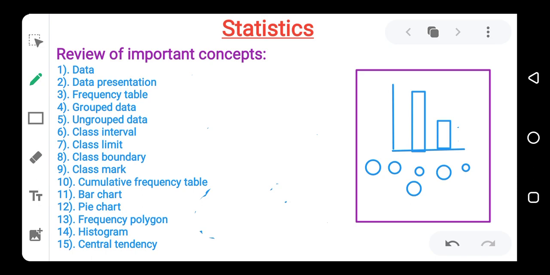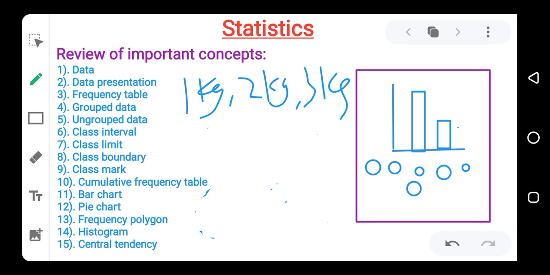Maybe you have some people weighing 1 kg, some other people 2 kg, some other people 3 kg, some other people 4 kg. You may even get to 100 kg.